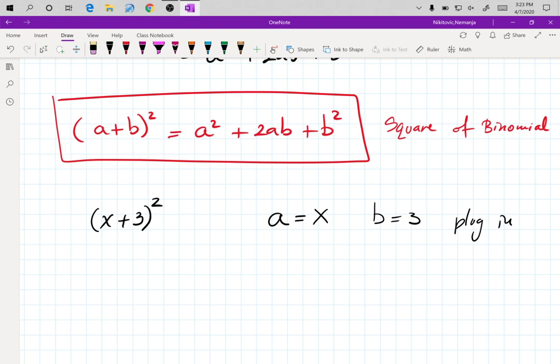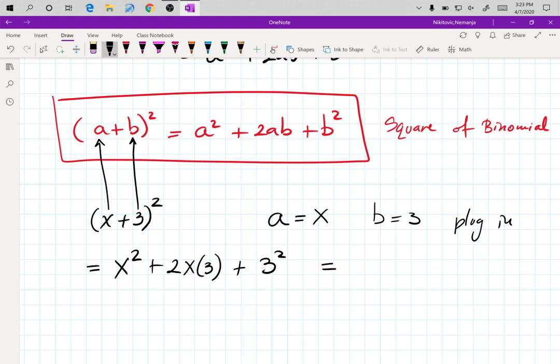And you literally just plug them into the formula. There's nothing special about these formulas. Your x is a and your b is 3. What do I have? I have a squared, that's x squared, plus 2 times a, which is x, times b, which is 3, plus 3 squared.